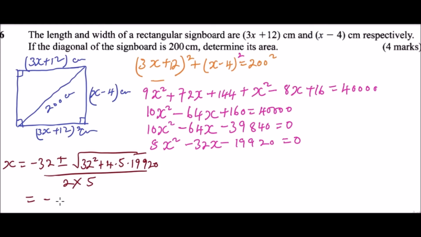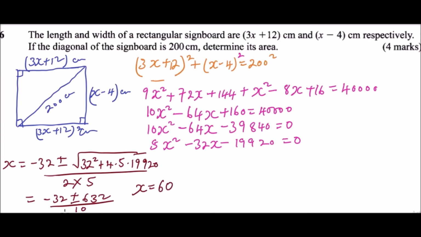You'll be able to get this is equals to minus 32 plus or minus. When you work out that, you'll be able to get 632. All this is divided by 10. So it means our x is equals to minus 32 plus 632, that is 600. 600 divided by 10, that will give you 60.